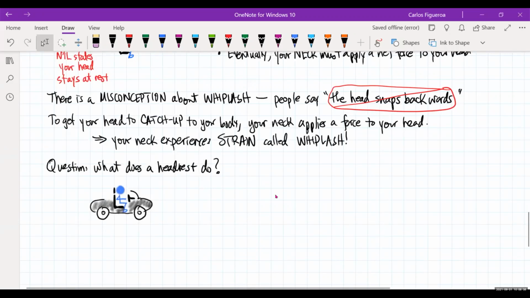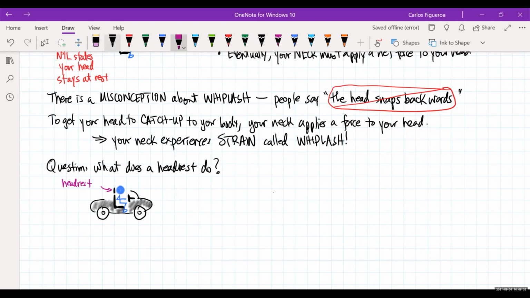And so what happens here is that I'm going to make an image of this, it looks like this. What happens is that you have now been hit. Oh, by the way, I should really write this just to make sure I'm clear. Now you have a headrest, whereas the previous person didn't have a headrest. And so what you're seeing is that the car is now hit in the back.